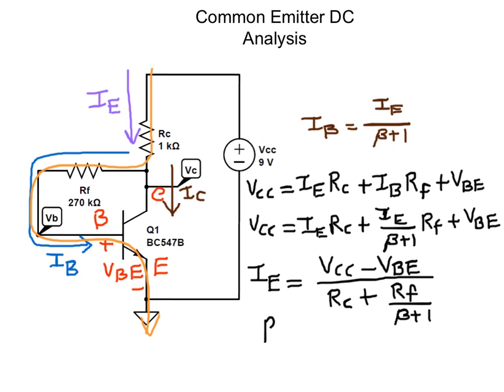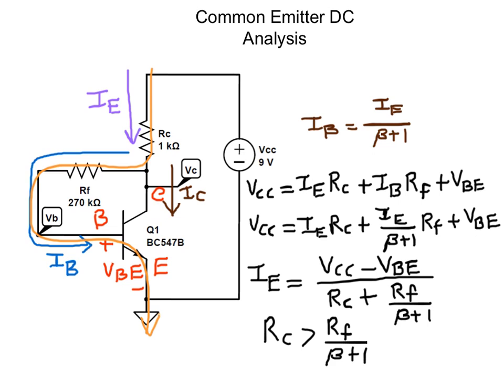So if RC is greater than RF by (beta plus 1), then IE would be less sensitive to variation of beta.